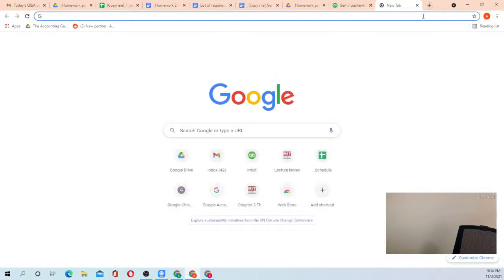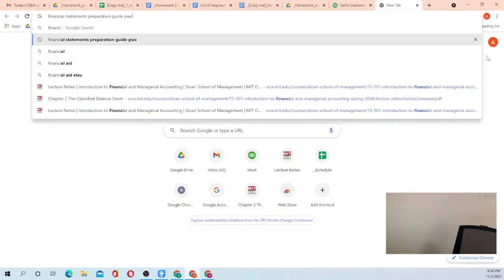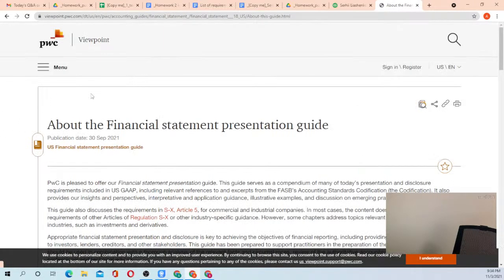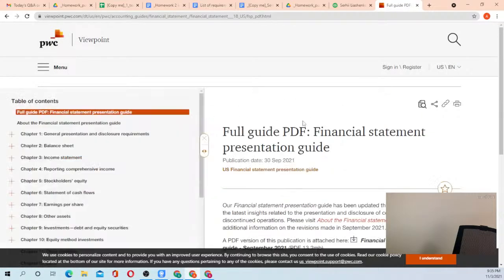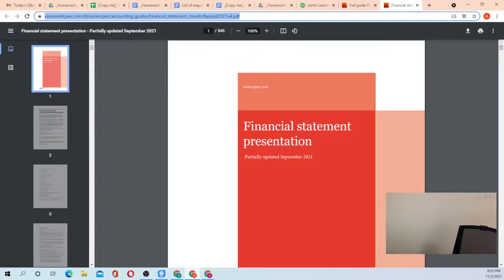So for the income statement, we do a search: financial statement preparation guide by PwC, and we go here and we select full guide. That's for those who didn't save it. And I will just send my link to here.